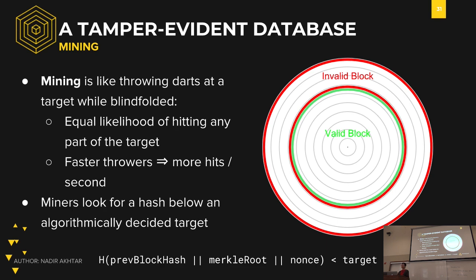So the idea is that once you find a target with the given number of zeros that you want, it shows the network that you've put in the work necessary to guess all these inputs to find a valid block ID. Okay?